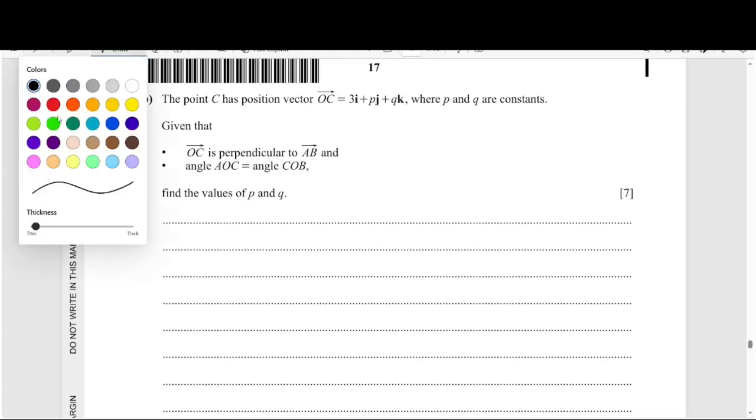So here, OC is perpendicular to AB, means that the dot product of OC and AB must be 0. So OC dot AB should be equal to 0. And that's the information we need to find one of these constants, which is going to be Q. So let me write OB and OA here. OA and OB were given.